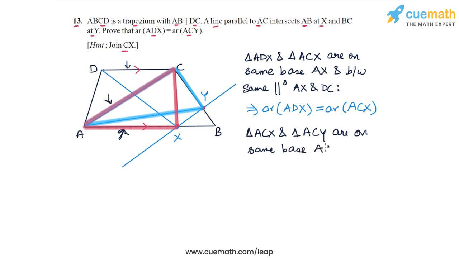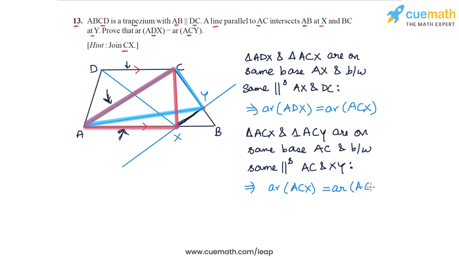So they are on the same base AC, and they are between the same parallels, and the same parallels are AC and this line here XY. So same parallels AC and XY, and this means that their areas are also equal. So area of ACX is equal to area of ACY.